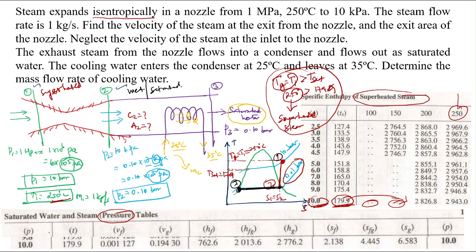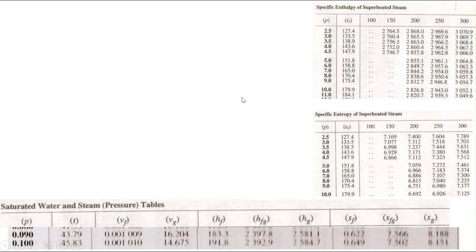How can we find whether the steam is wet or saturated? For that you need the dryness fraction at point number 2. First you have to find the dryness fraction. The expansion in a nozzle is an isentropic expansion, so S1 is equal to S2.